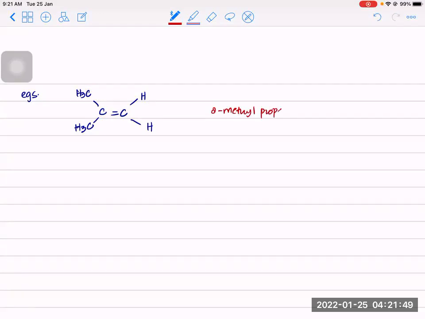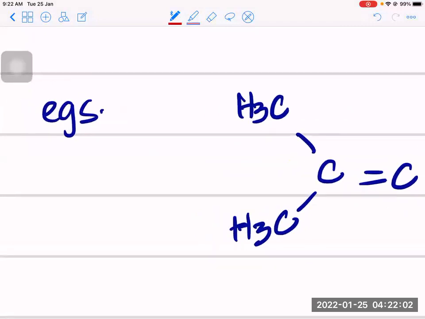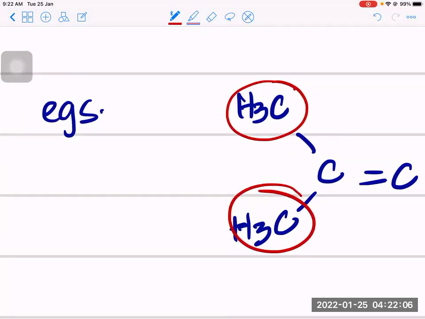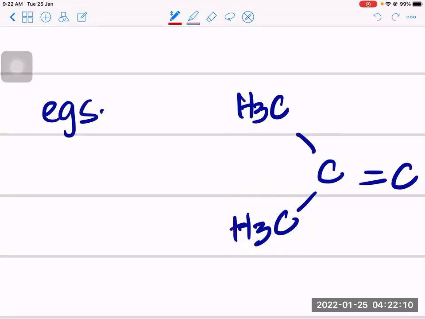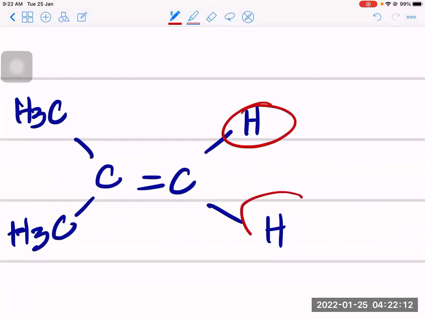Let's see the criteria. Does it fulfill the 2 criteria we need for cis-trans isomerism? The first criteria is you need a carbon-carbon double bond. Does this have a carbon-carbon double bond? Yes. Then each carbon must have 2 different atoms or groups attached. Does this have 2 different atoms or groups? No, they are both CH3. And on the other carbon also you have both H's.